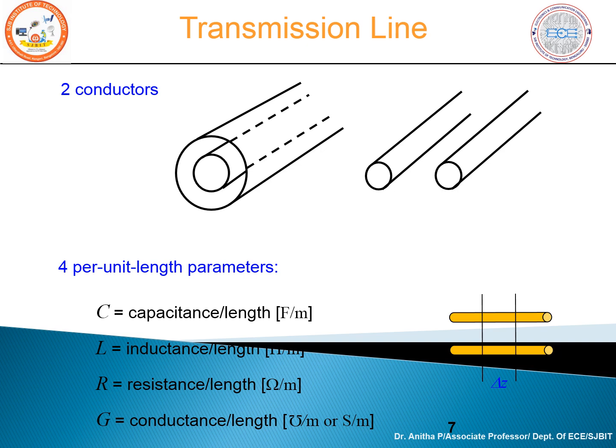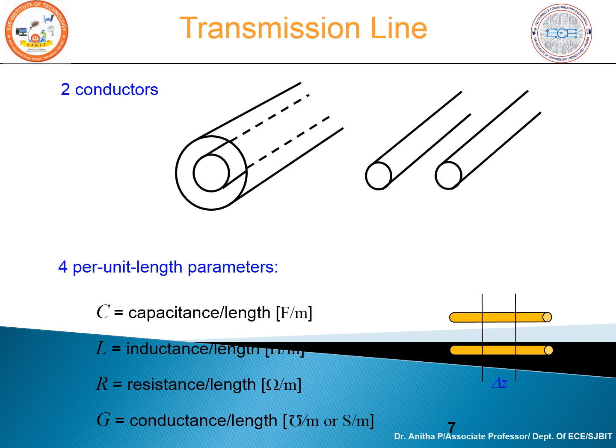And in that section of transmission line, if you feed the signal, all the circuit elements are distributed along that length. So the distributed components that exist in this section of transmission line can be seen as capacitance per unit length and inductance per unit length.